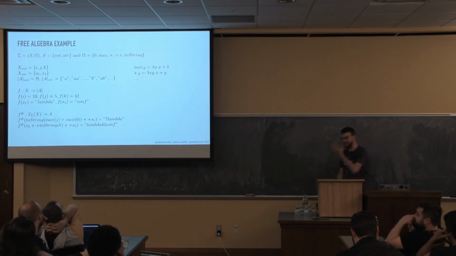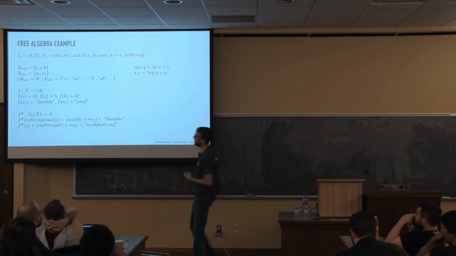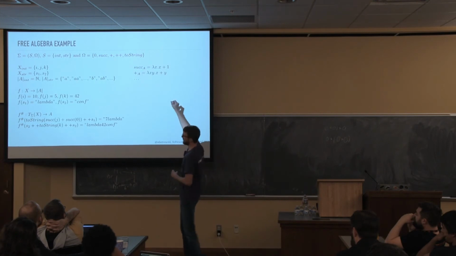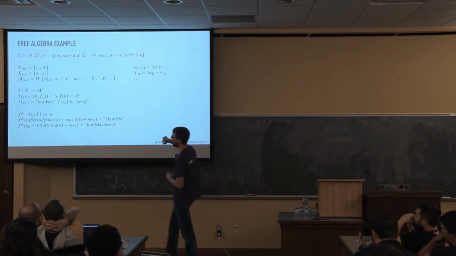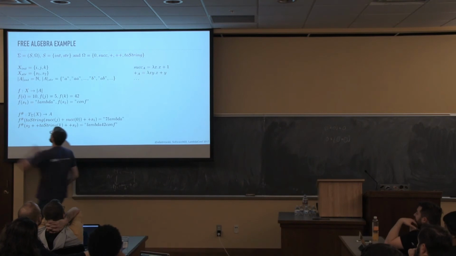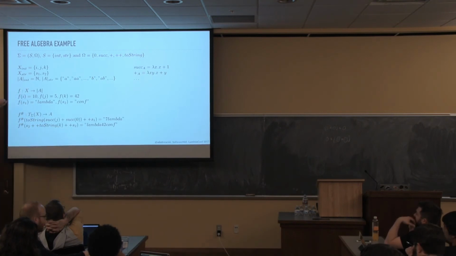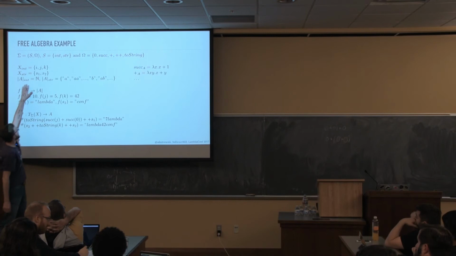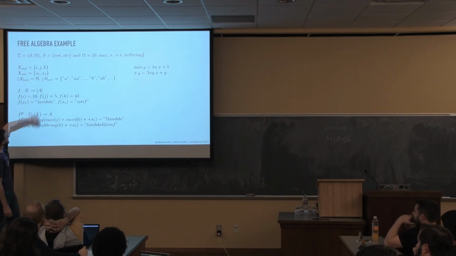So an example is, I guess, needed. Same signature as before, same variables. We have the signature above there, and we have the variables i, j, k, s1, s2. Now if we want to show that T sigma X is really free, we need to take any other algebra A. So we take the same algebra A as before, which interprets ints as natural numbers, strings as strings, with the interpretation of the functions.